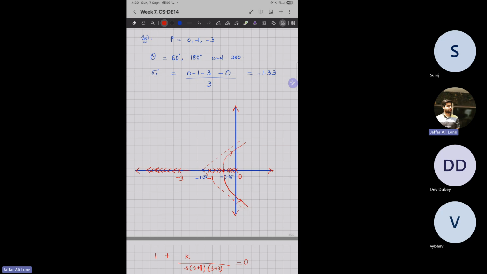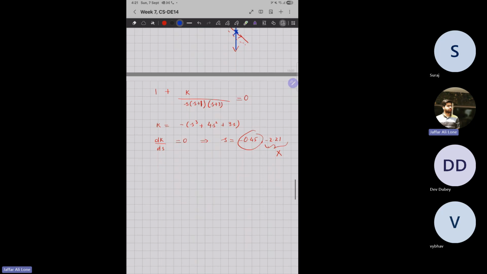Anybody has any doubt? Now, if I ask you, this root locus intersects this axis here. Can you tell me the value where this root locus intersects my imaginary axis?